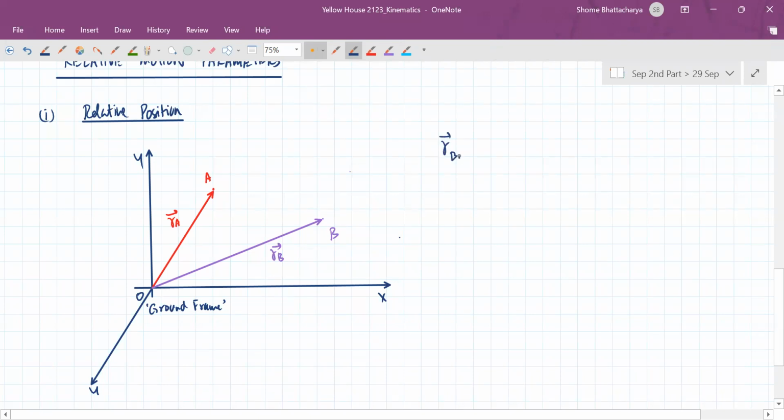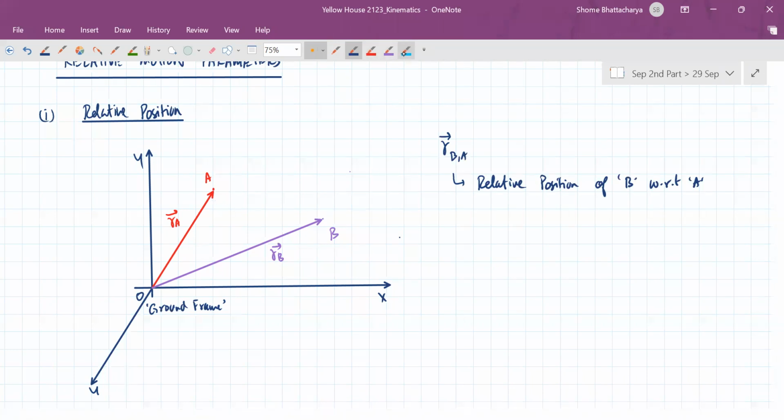Then the relative position of B with respect to A. This quantity we want to find out. This is the relative position, that means we want to shift our origin from O to A so that A becomes our reference frame, and with respect to A, where is B located?